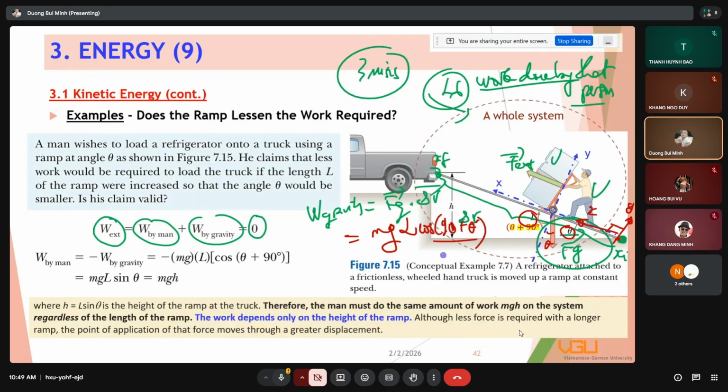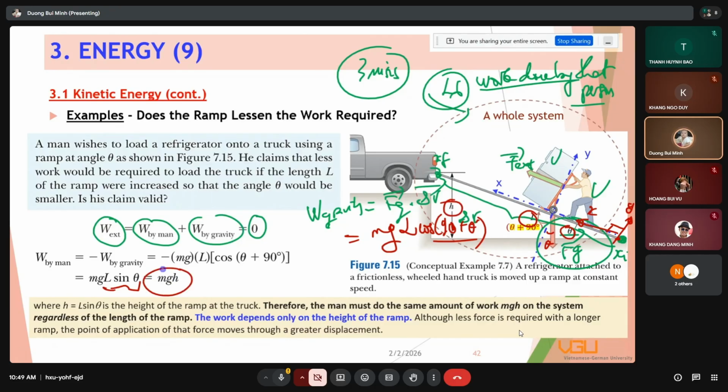Cosine of 90 plus theta is sine theta. So L times sine theta, you get h.